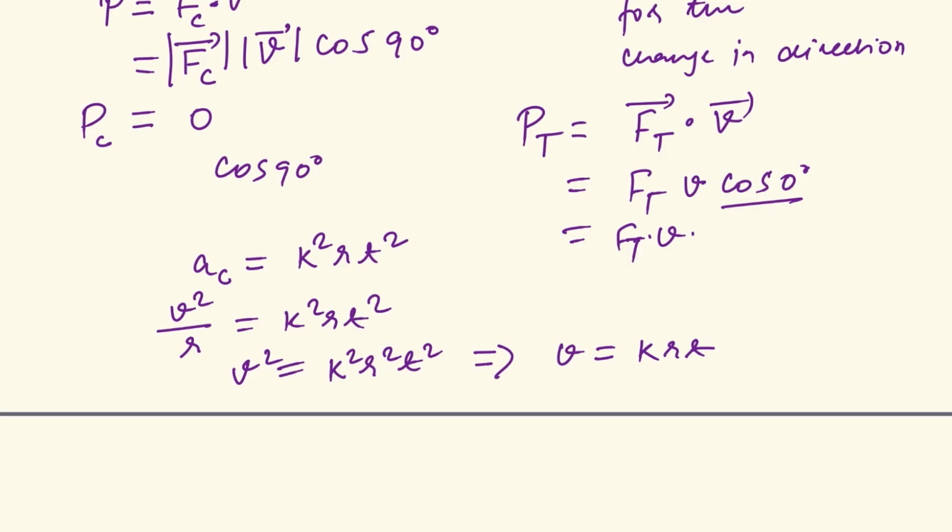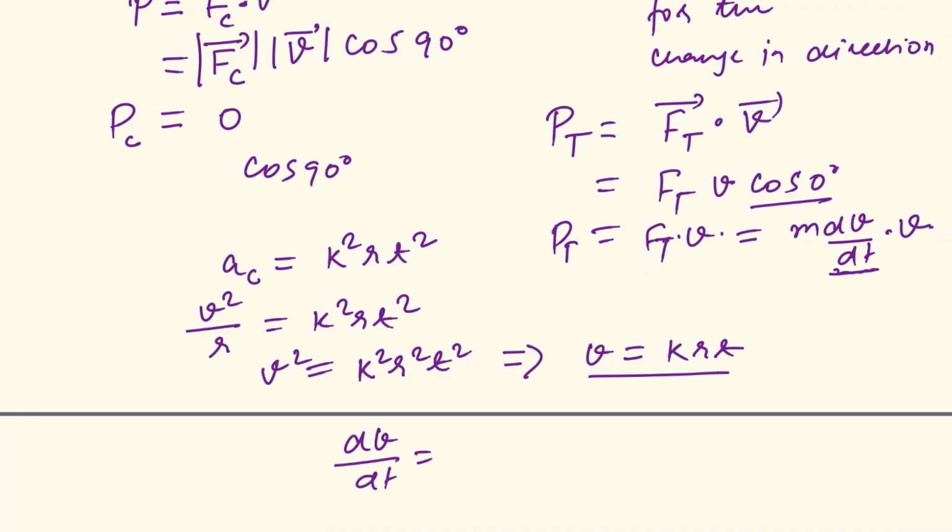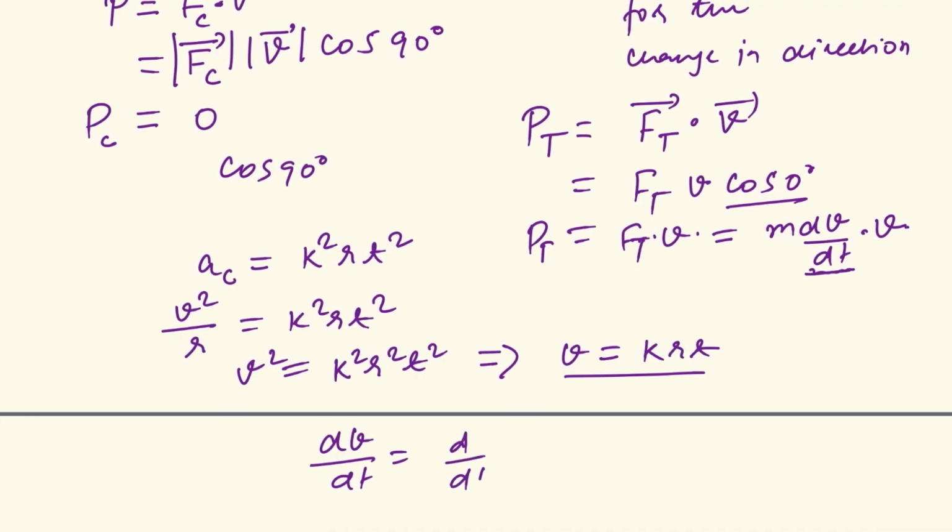Now the power delivered by the tangential force is given by m dv upon dt, multiplied with v. Now we have to find dv upon dt, which is the differentiation of the velocity krt.